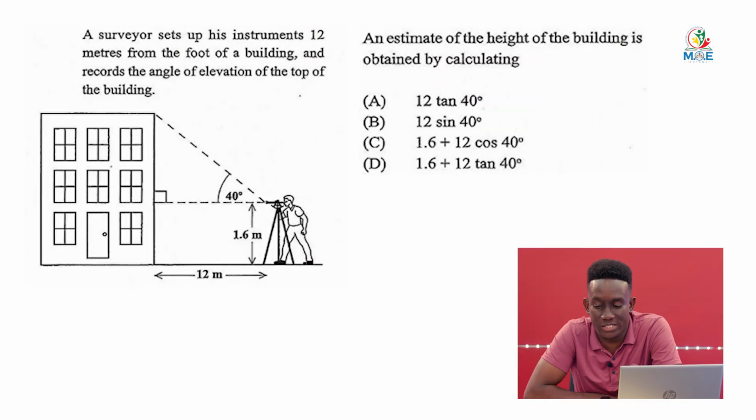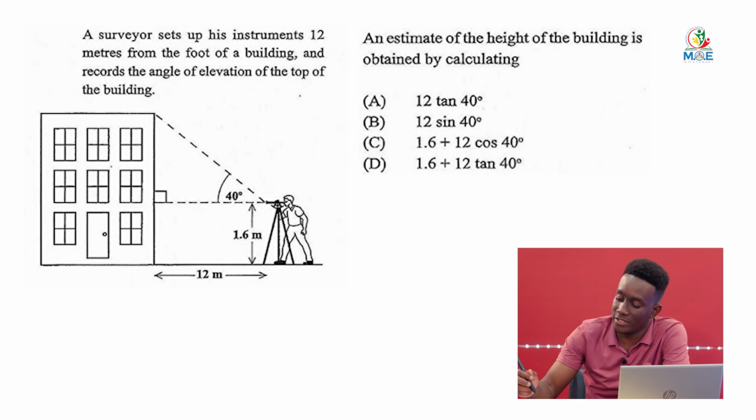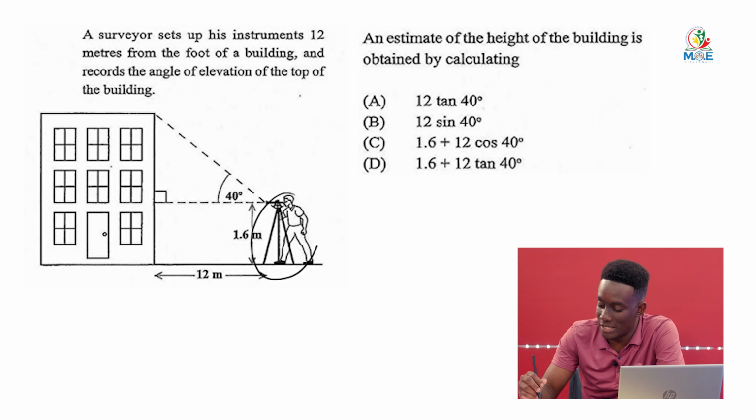So the next question says, a surveyor sets up his instrument 12 meters from the foot of a building and records the angle of elevation of the top of the building. So we have this here going on. We see the man is here and he has a height of 1.6 meters from the ground.